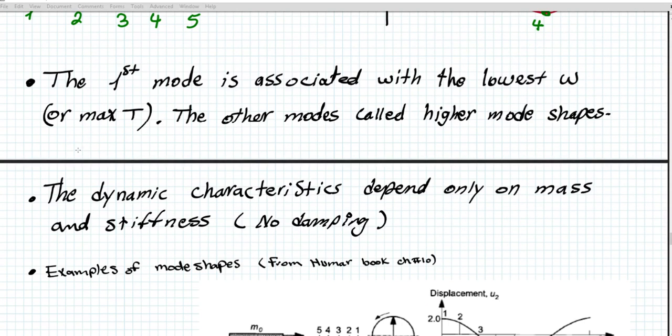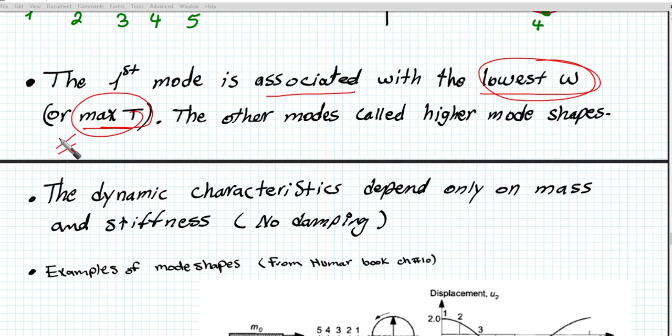After that we have another hint for the example. The first mode is associated with the lowest omega, okay, or maximum T. So this is what we call the maximum T, or the lowest circular frequency. The other modes are called higher mode shapes.